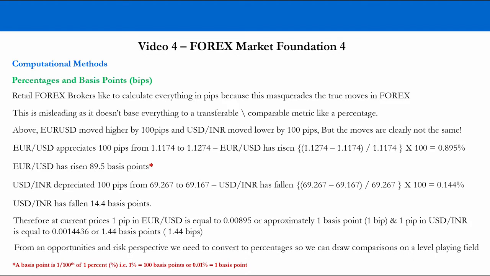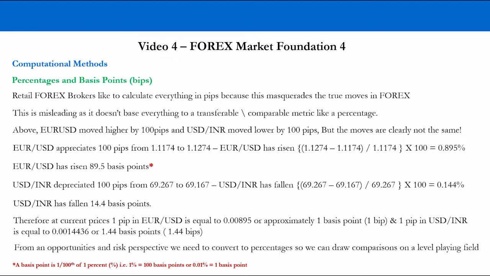So what you're going to find is that retail Forex brokers are going to actually try to calculate, or make people try to calculate, everything in pips, because it masquerades the true moves in Forex when you compare currency pairs. If you calculate everything in pips, it's misleading because it doesn't base everything to a transferable or comparable metric like a percentage.